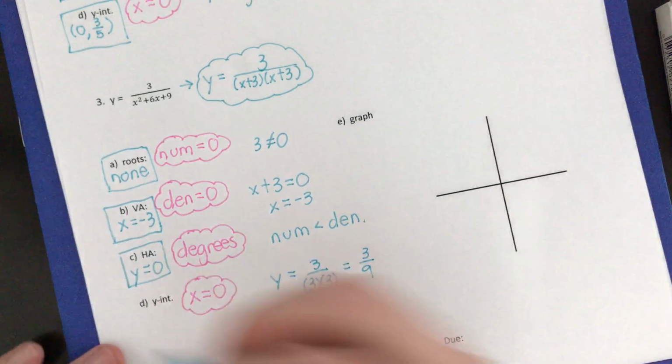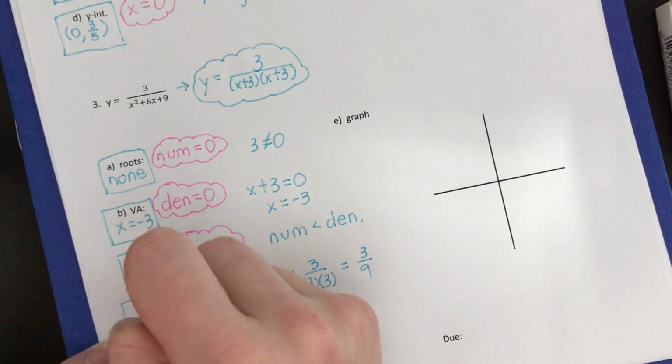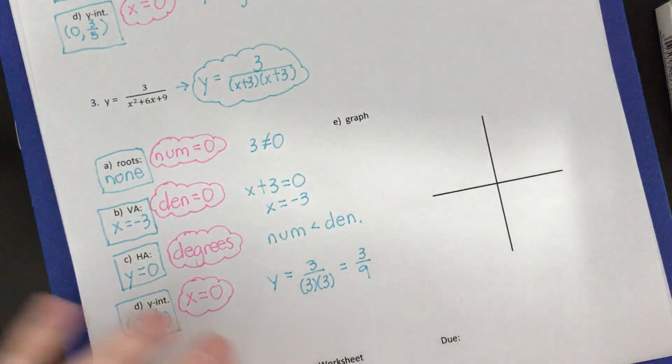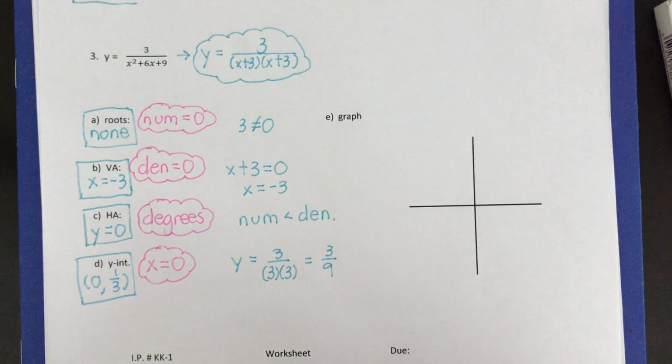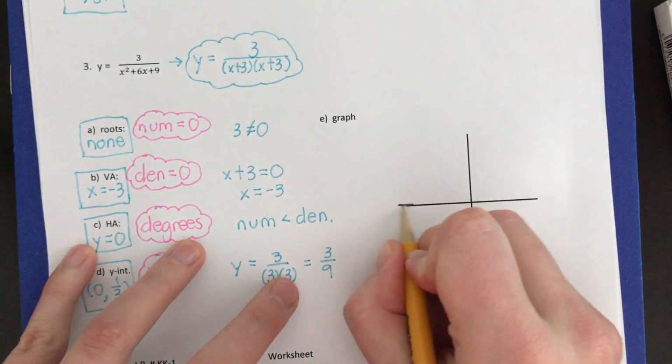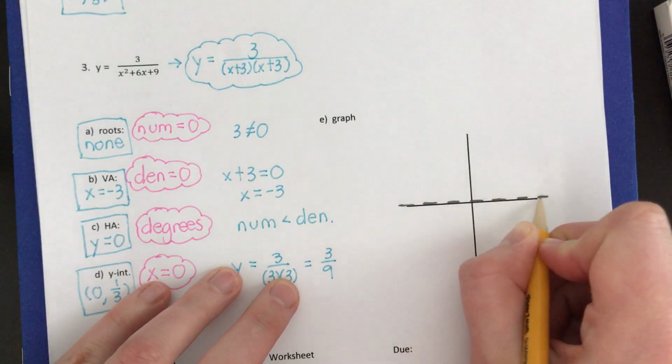So in other words, 1/3. So 0, 1/3. Okay, let's see if this is enough information to give us a good graph. All right, so I have no roots. I have an HA on the x-axis, y equals 0.